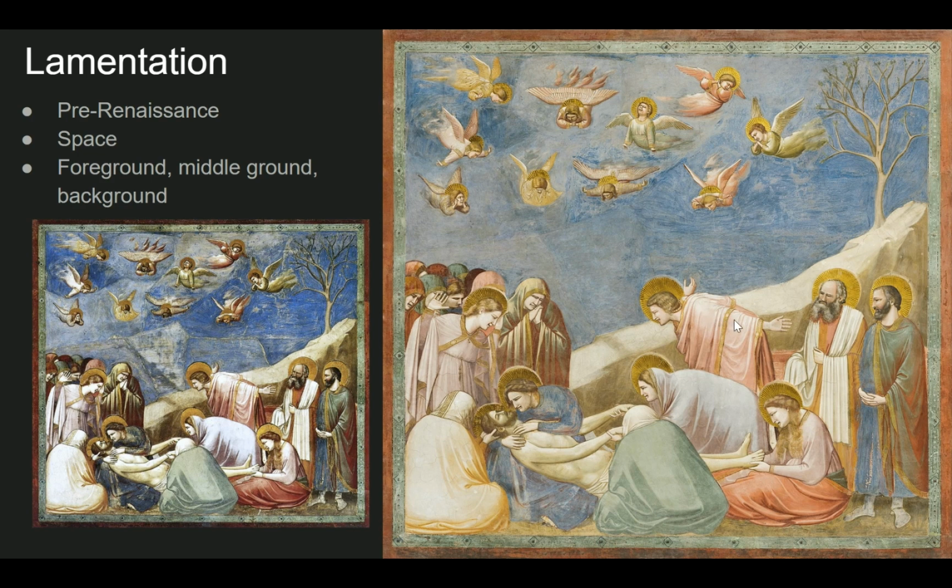There's this major shift from the medieval period to this late Gothic, early Renaissance, pre-Renaissance painting that we're looking at. We're utilizing color, and consider the shading that's going on here, this highlighting versus the shadow, to create this sense of volume and depth, the realistic proportions.